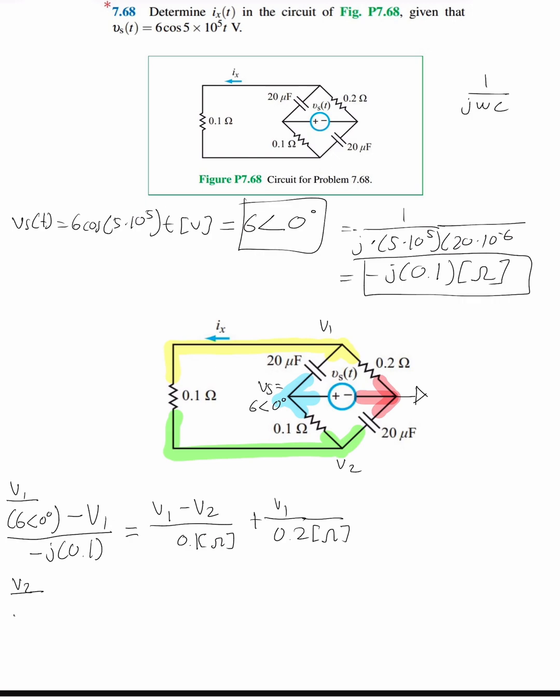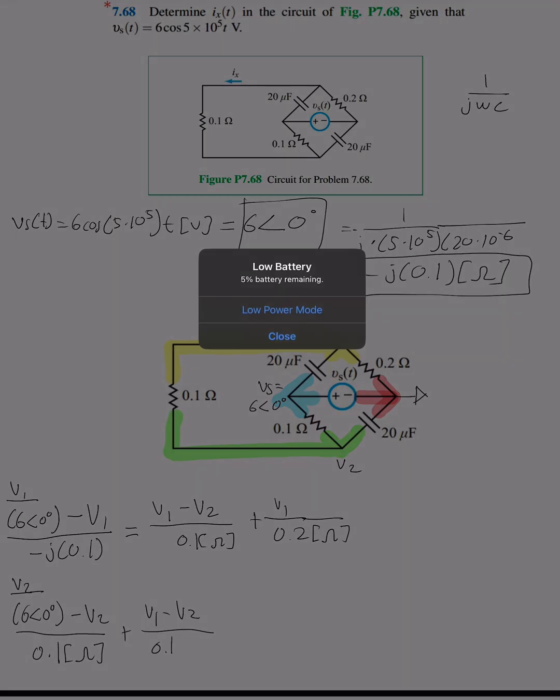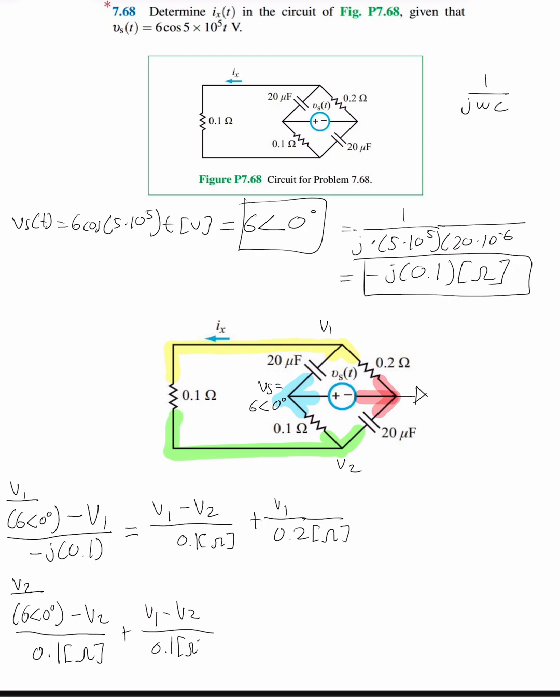Node 2 is going to be Vs minus V2. So that's going to be 6 angle 0 minus V2 over 0.1 ohms plus V1 minus V2 over 0.01 ohms equal V2 over negative j 0.1.